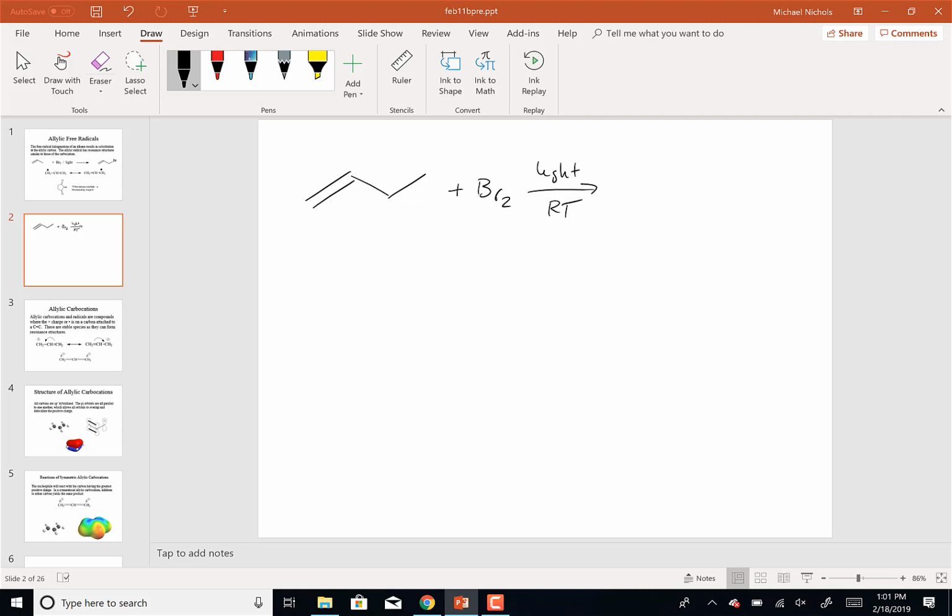So the same thing is true for this allylic position. If you're going to brominate a double bond with free radical halogenation, it's going to put the bromine in the allylic position. That's the most selective of the positions.